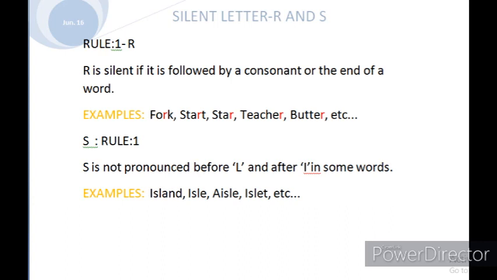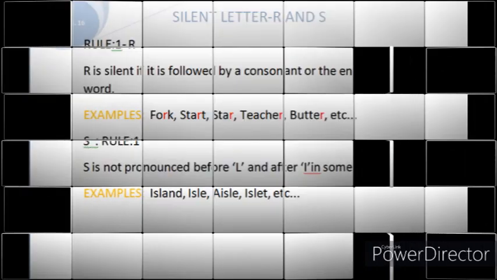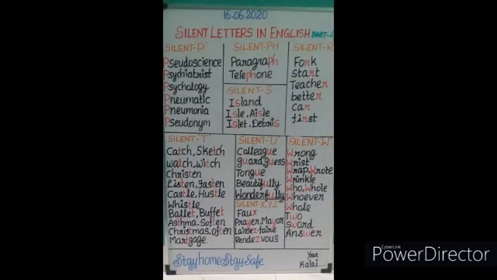When the letter R is followed by a consonant, we won't pronounce the R. For example, fork, F-O-R-K by spelling, but while reading, we have to read it as fork, then start, then star, then teacher, then butter, then better.